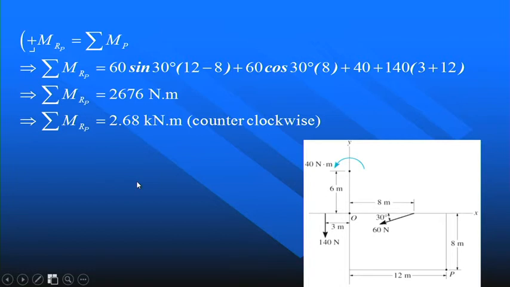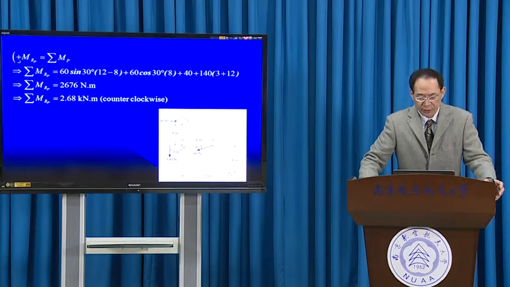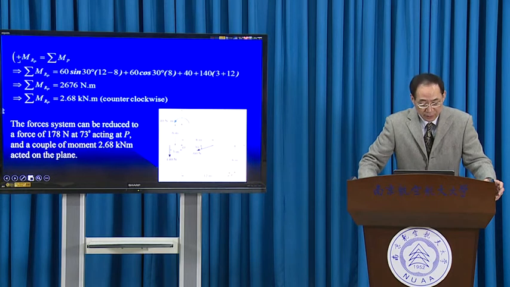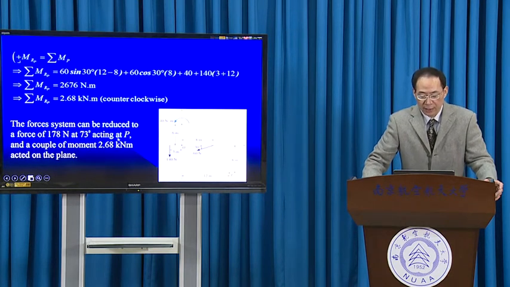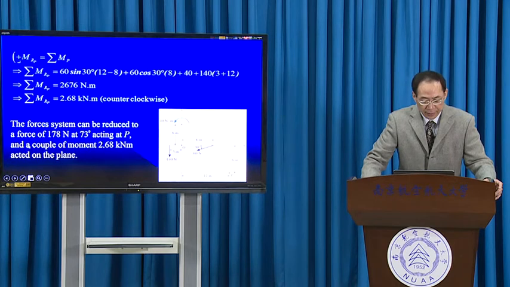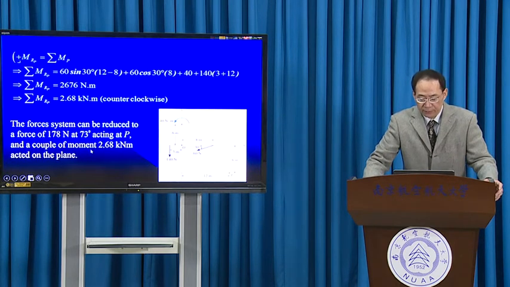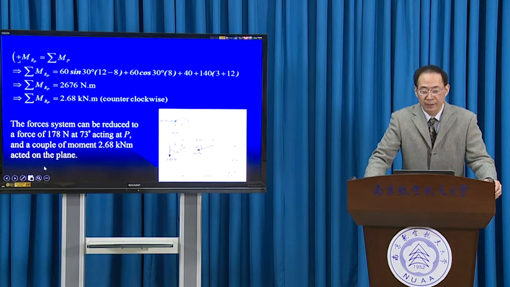So this is the final result of this problem. The force system can be reduced to a force of 178 Newton at a direction angle of 33 degrees acting at P, and a couple moment of 2.68 kN meter acting on this plane.